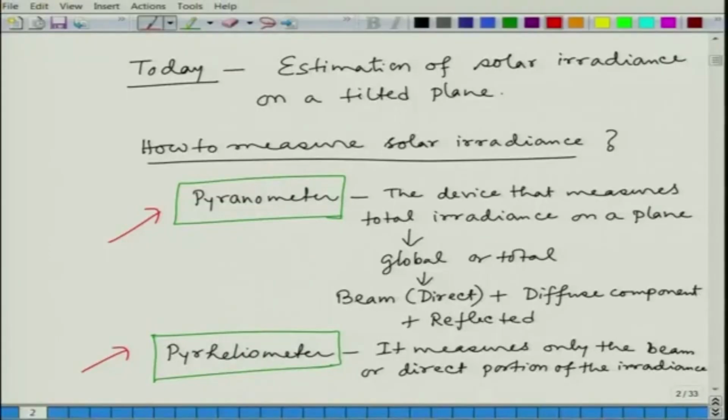So, how these devices work, what is the working principle, that is out of the scope of the syllabus. You can look that up from other sources, and the books that are suggested in the introductory lecture, in all these books you will find how these devices work, and if you are interested you can go and check that out.